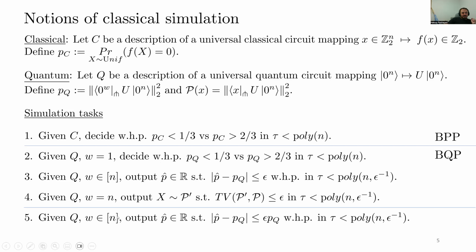And number 5 is quite a way beyond that. So number 5 says you have a description of a quantum circuit again. You measure some number of qubits, and you're required to output a Born rule probability again. So it's a similar type of answer to point number 3, except you want the precision to be multiplicative. So you want to be within epsilon factor of the true probability.